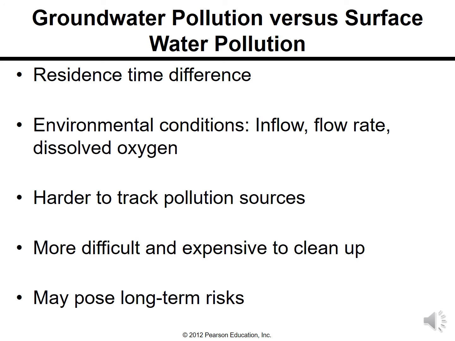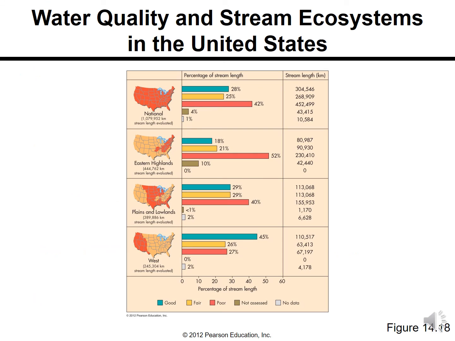You can see the groundwater is spreading, and if you're a pollutant, it's not easy to clean up, and it may pose long-term risk, because you don't know what's underneath, and slowly this may connect with the drinking water wells, and that can cause large environmental and health issues.